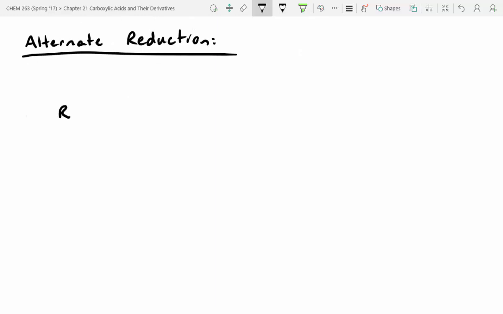If you have a carboxylic acid, you can treat it with borane THF and go directly to your alcohol. We're not going to go over this full mechanism. However, it is pretty similar to the aluminum one.